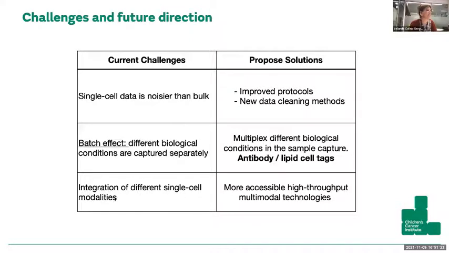And then the integration of different single cell modalities is again a problem. If you have different modalities and different cells, it's going to be very hard to compare those two data sets. I hope that there will be more accessible, high throughput, multimodal technologies that will help with that.